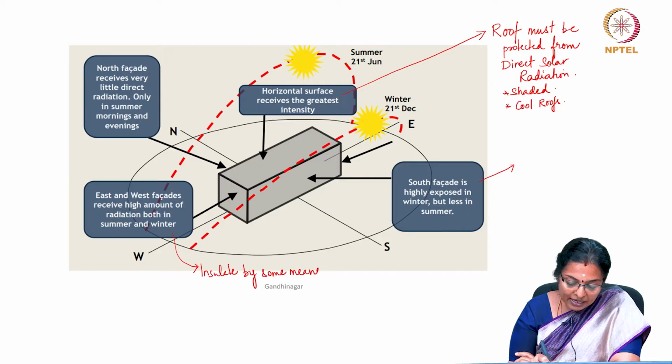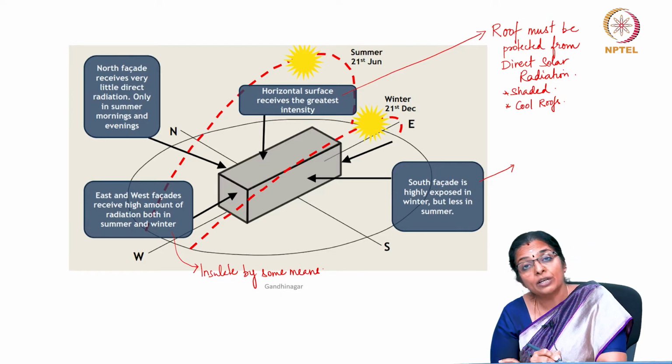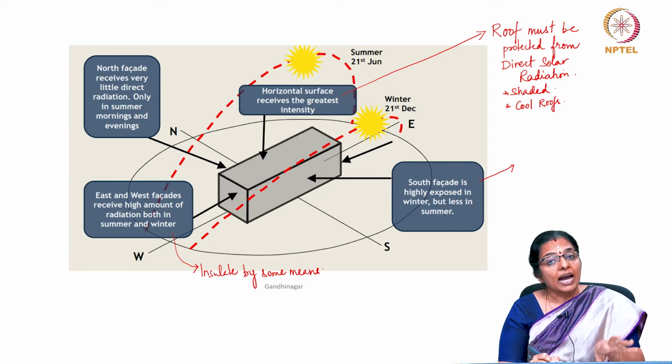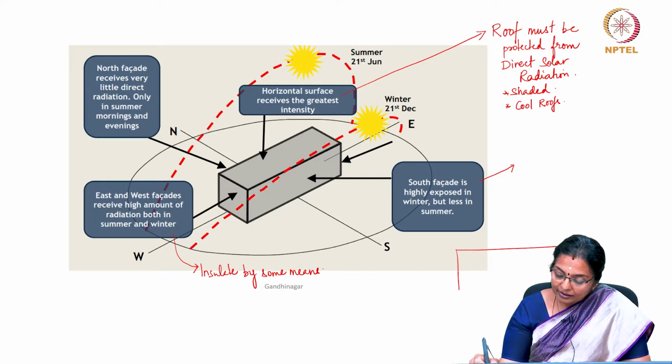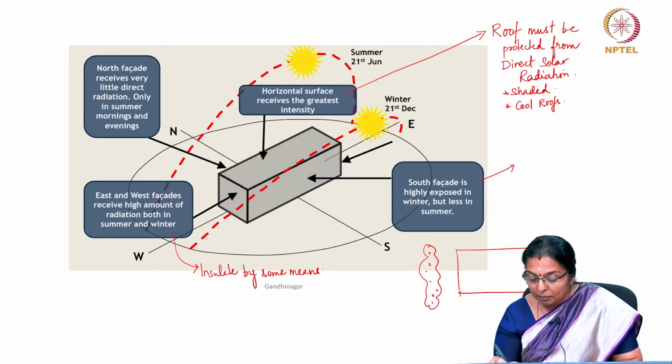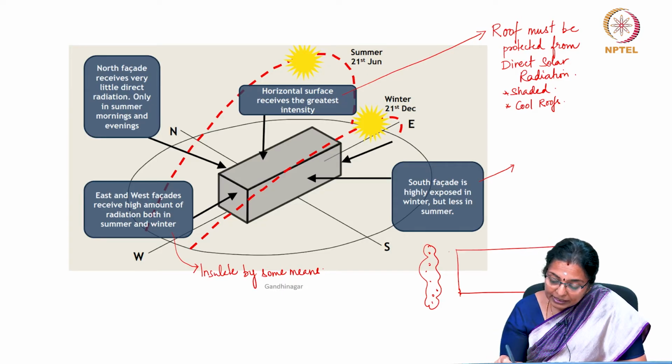Again, when I say by some means, I do not mean that we need to add some contraption to this. What you need to do is insulate the east and the west facade either by means of vegetation or by means of a separate shading device like a jali or a screen wall.